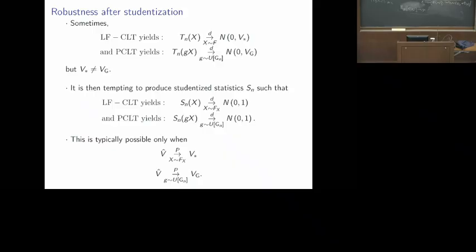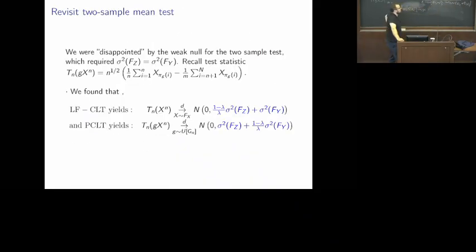But if I want that to happen, I can't change my test statistic depending on which asymptotic regime I'm in. I need to talk about the two different limits of the same test statistic. So it must be that the same studentizing term, the same variance estimate, goes to the right variance in the right regime. And I'm often going to be able to get that. So let's think about it through the two-sample test.